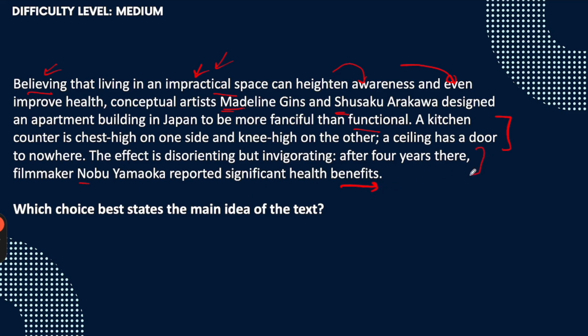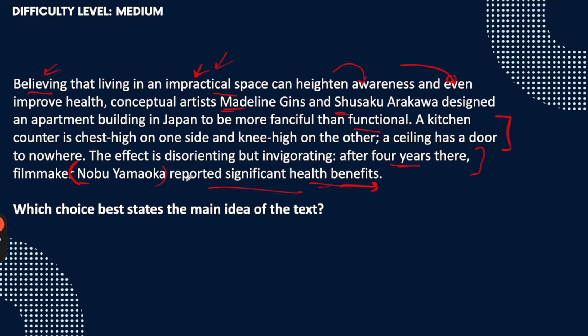Now, this particular person, Nobu, is further affirming that if you live in an impractical space, you can have positive impacts, because this person lived there for 4 years and reported significant health benefits. This is just a confirmation of how living in an impractical space can be difficult, but it has positive impacts.